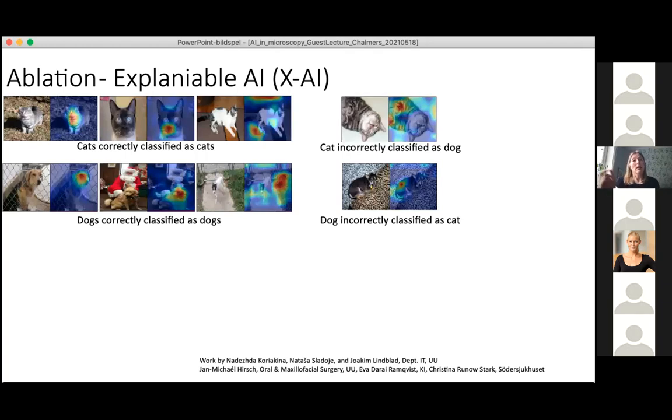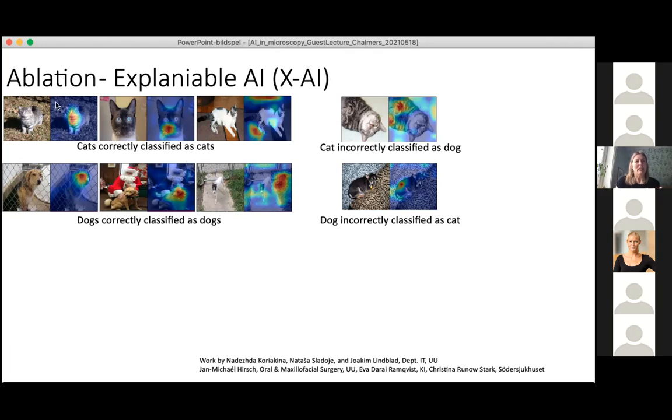We used manual deleting of parts of the images with Photoshop, but now there are much better approaches for really knowing which pixels are most significant for decision making. These are some examples of what's now called explainable AI.